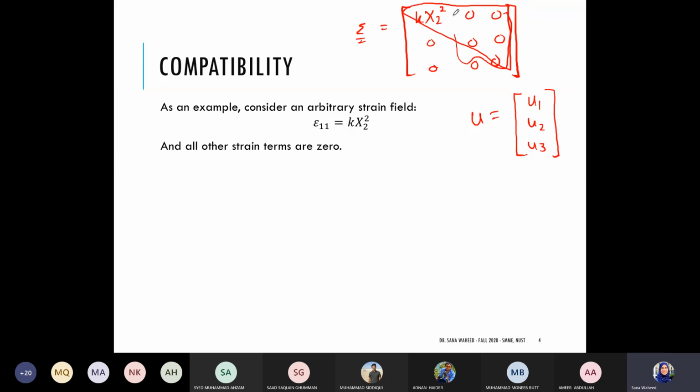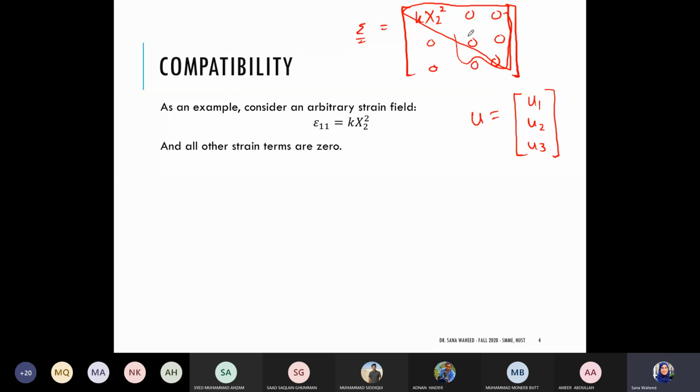These 6 components are actually coming from these 3. If you had not thought about it, you would say, sure, why not, I can pick any random strain field and it is physically possible. Whereas now let us check this: I have 6 terms, but these 6 were supposed to be calculated from these 3 terms.